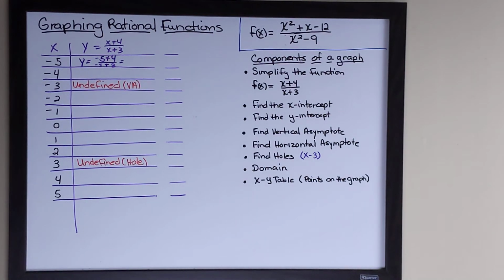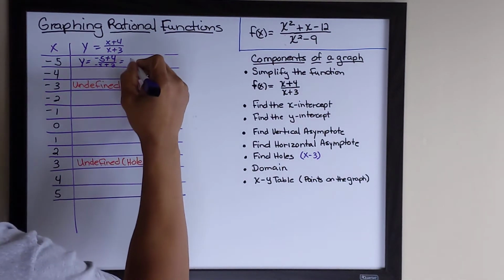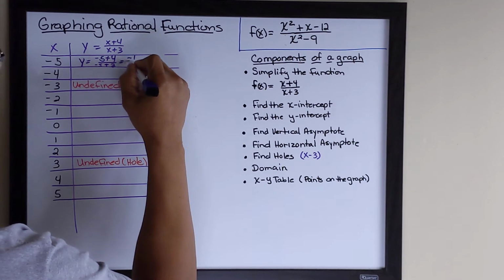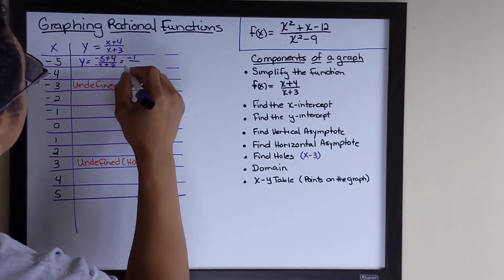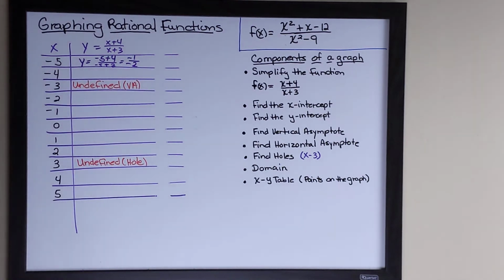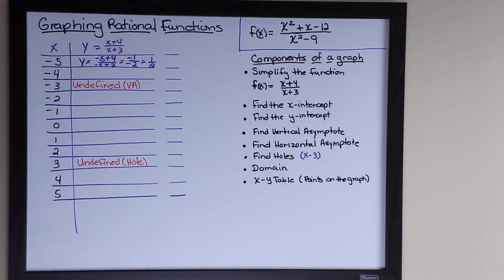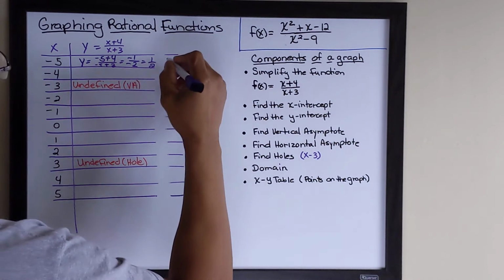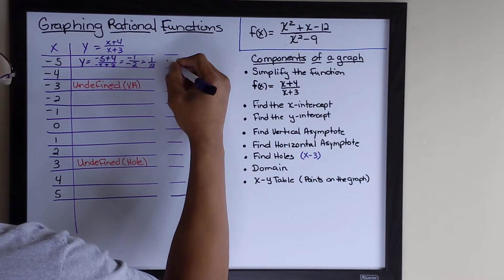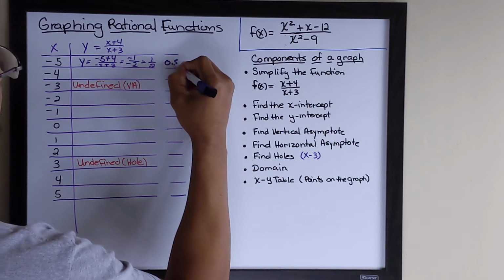This will give us an answer of -1 all over -2, which is equal to 1/2. Generally when we're graphing, we don't want the fraction version of it. What we want is the decimal value. So the decimal value of 1/2 is just 0.5.